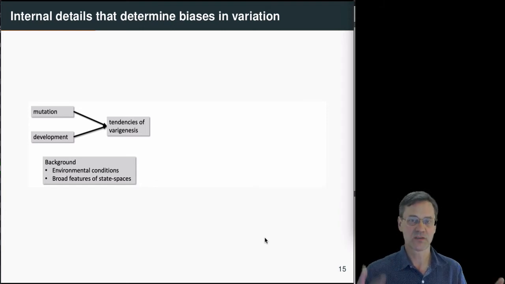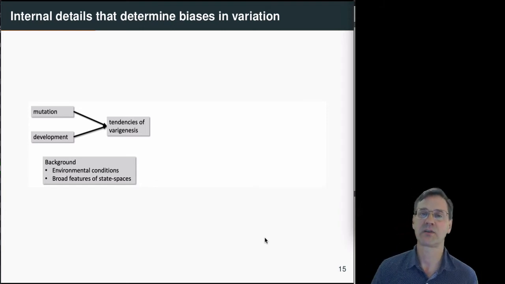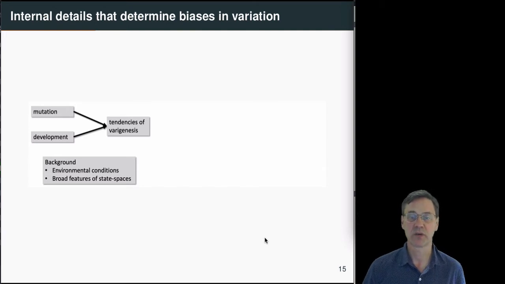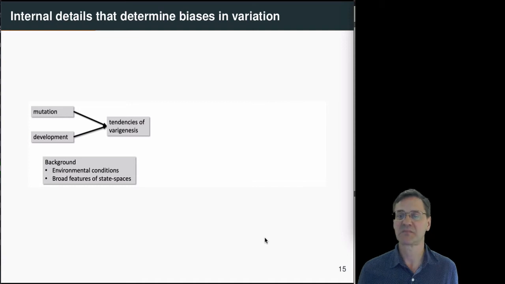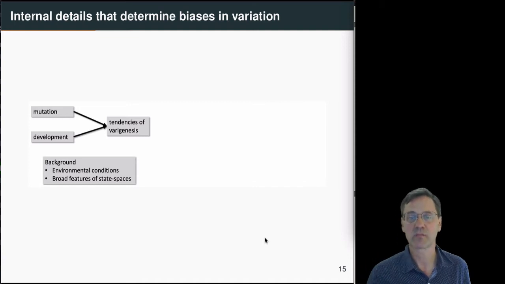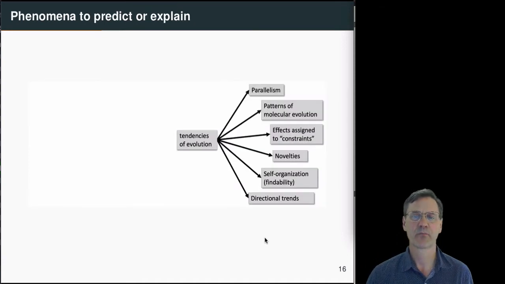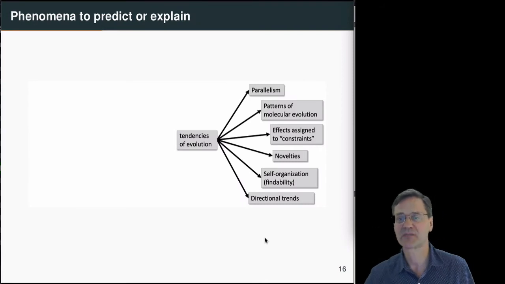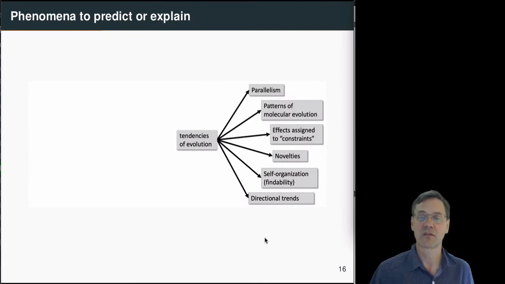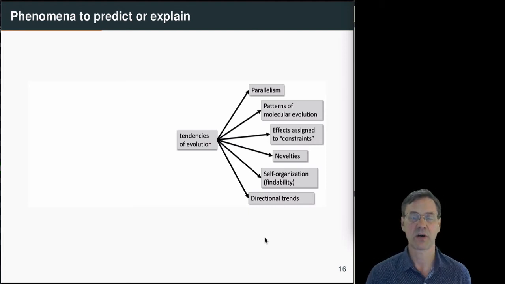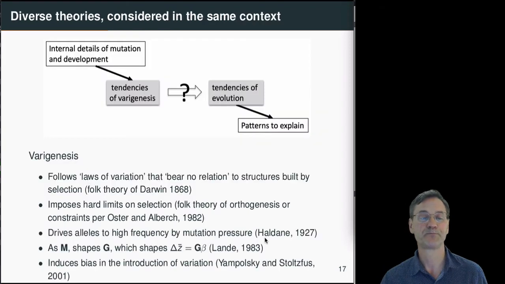And in the background, while those causes are operating, there are environmental conditions which can affect mutation and development. And then there are broad features of the architecture of state spaces that sometimes come into play as formal causes of certain types of biases. And on the right, we have the evolutionary explananda, the things that we want to account for. So some favorites of mine, like patterns of parallelism, directional trends, self-organization in the sense of findability. I'll talk about each one of these things along the way.